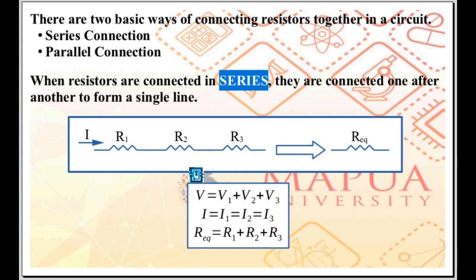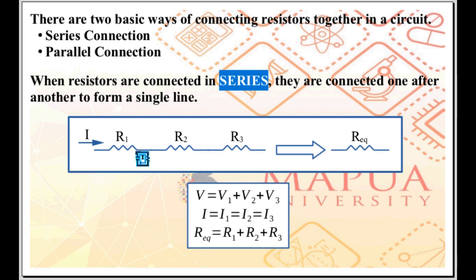V1, V2, V3. For resistors in series, the voltages will add up. The total voltage of the resistors in series connection is equal to V1 plus V2 plus V3, the summation of the voltages in each resistor.